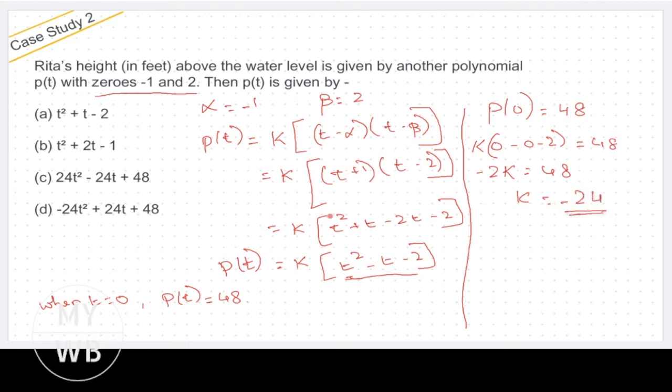So using the constant as minus 24, we will get the expression as minus 24 into t square minus t minus 2, which is nothing but minus 24 t square plus 24 t plus 48. Option D is the correct answer.